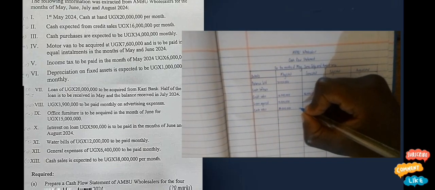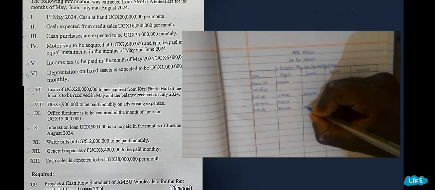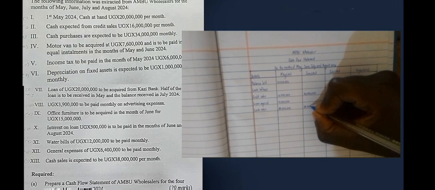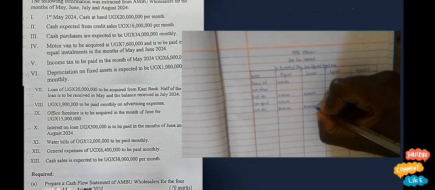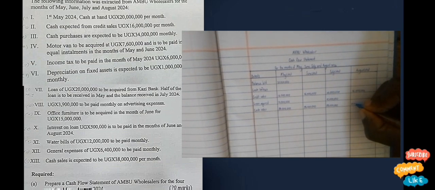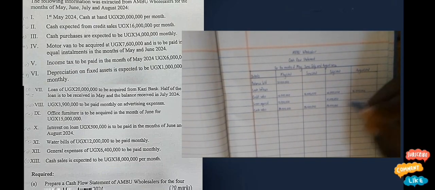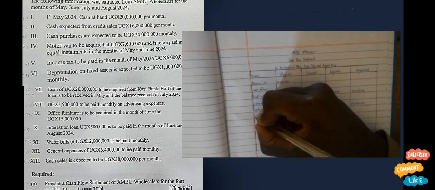So in every month, every column, we are going to fill in 18 million Ugandan shillings. So as you can see, we have filled in all our cash inflows.